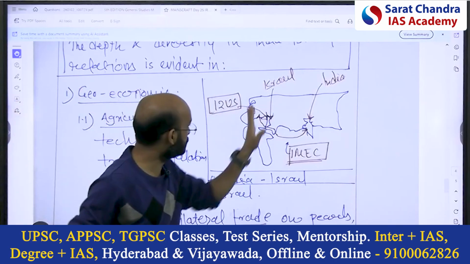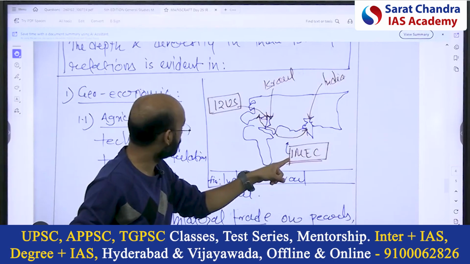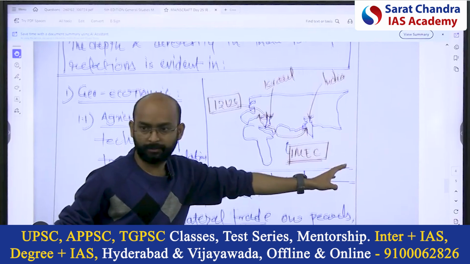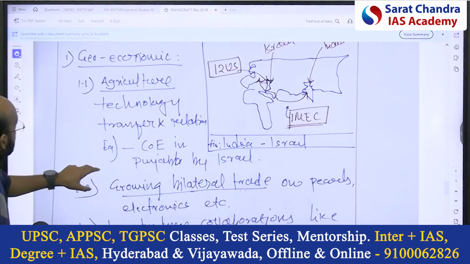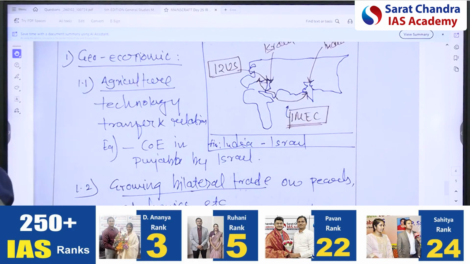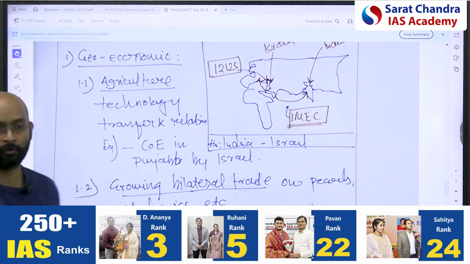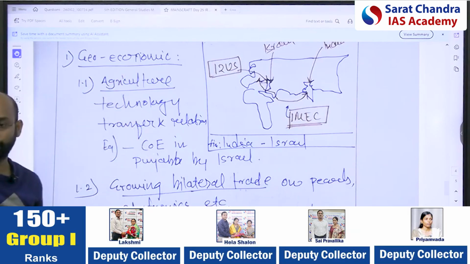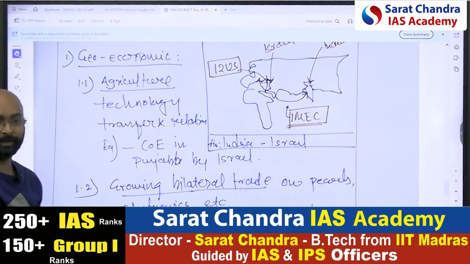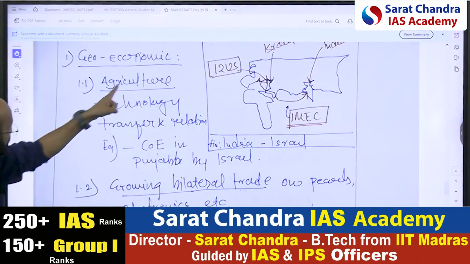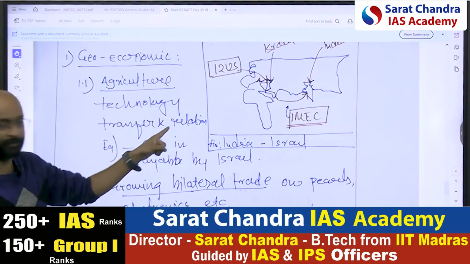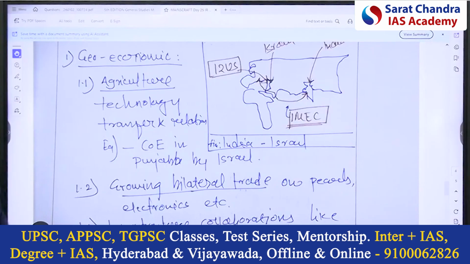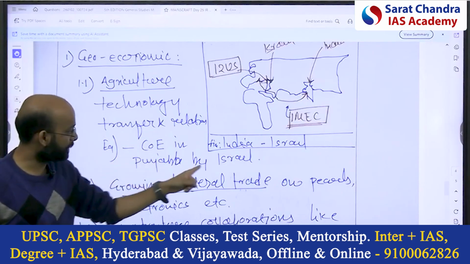Here I2U2 and IMEC are shown, the major relations. Geo-economic, because India-Israel relation is more focused on the economic. So that's why I started with this, that you have to use your thinking about which point to prioritize. Here, agriculture technology transfer, I prioritize. That's the key. Center of excellence in Punjab by Israel.